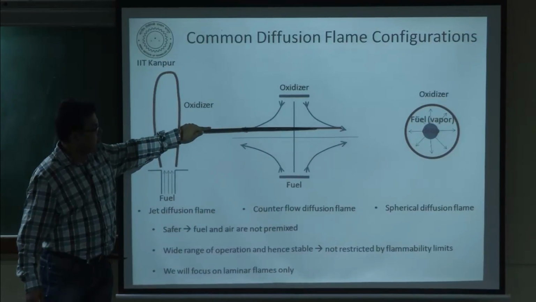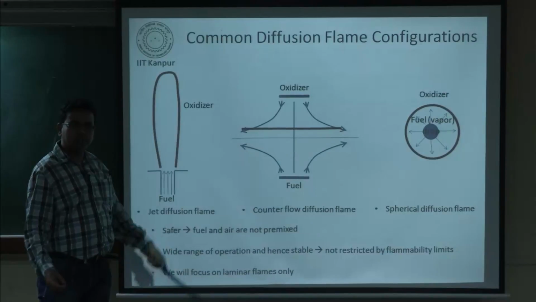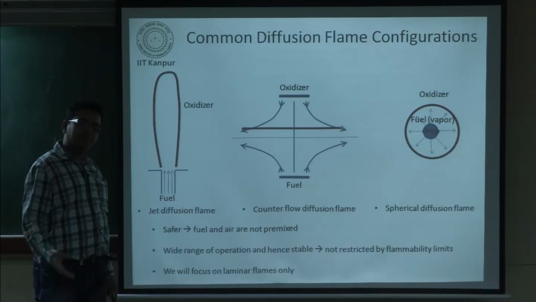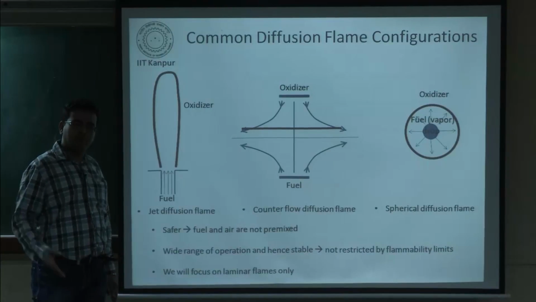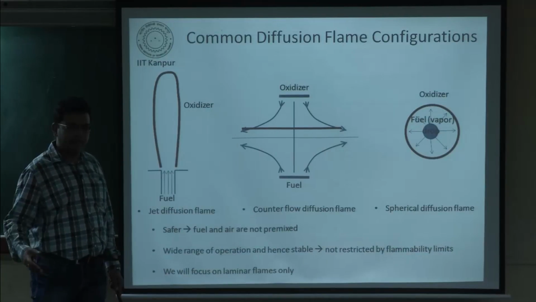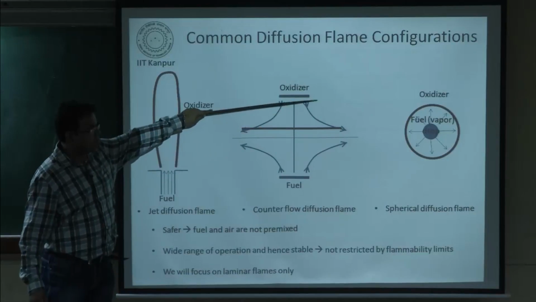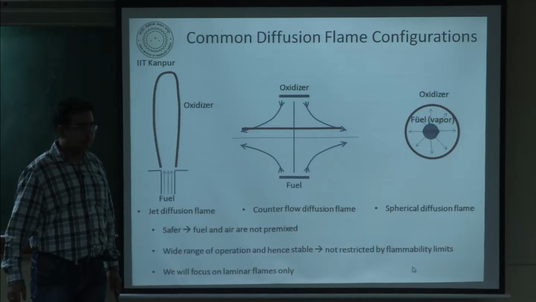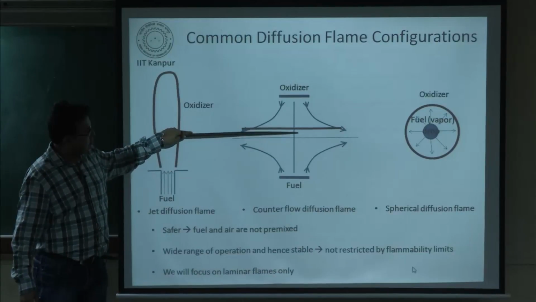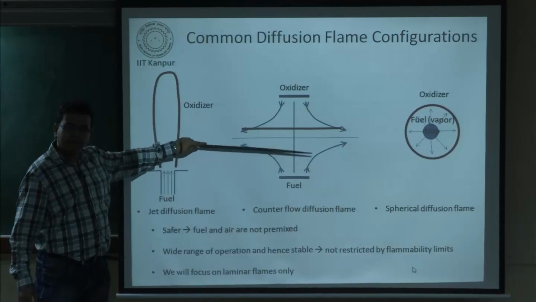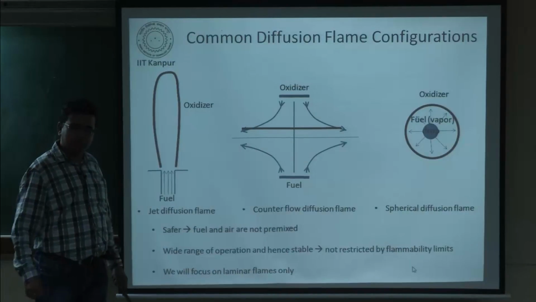In most hydrocarbon flames, the stoichiometric mixture fraction is very close to 0, right. It is almost around 0.05, 0.06 like that, right. So it appears towards the oxidizer side. Okay. That is one observation we had, right. So this flame location depends on the fuel air ratio, right.